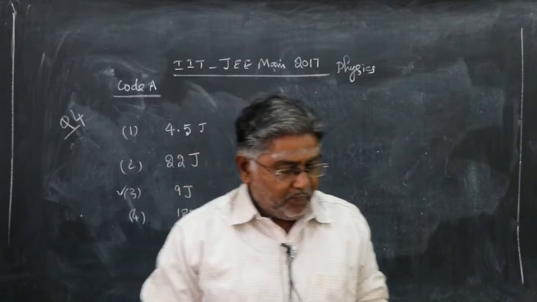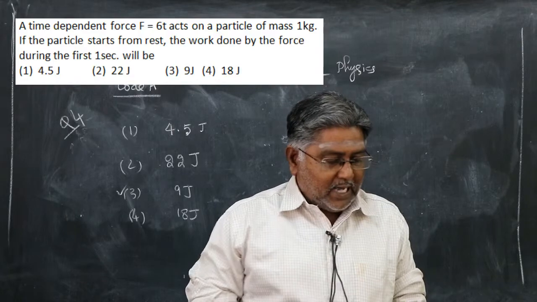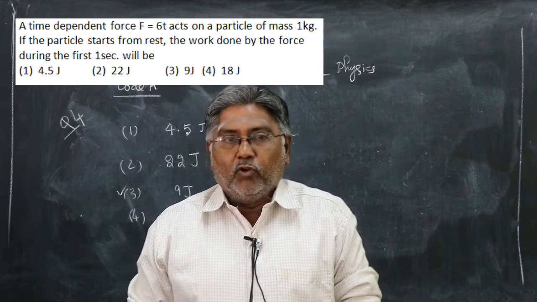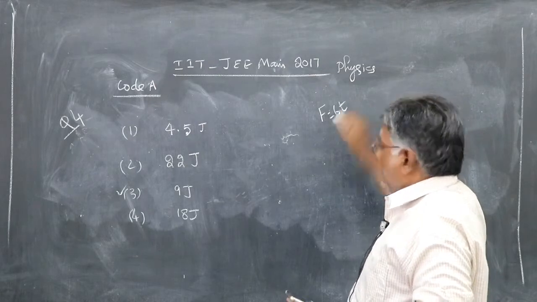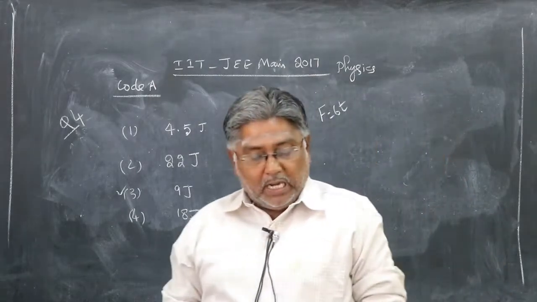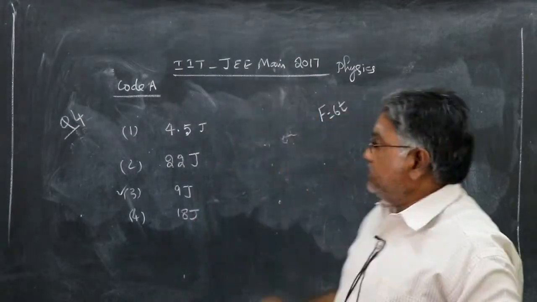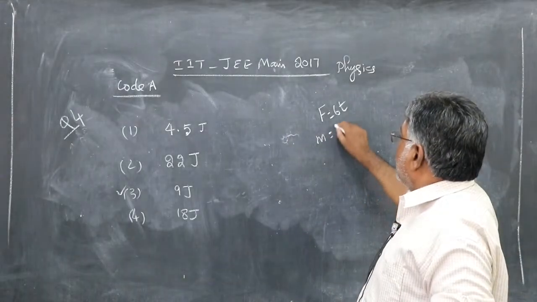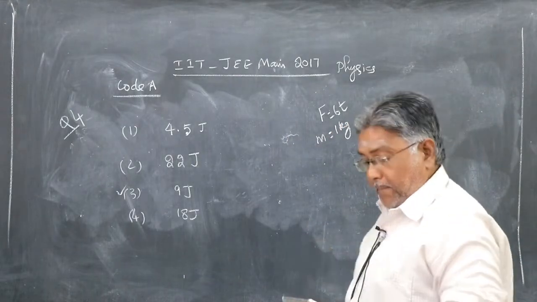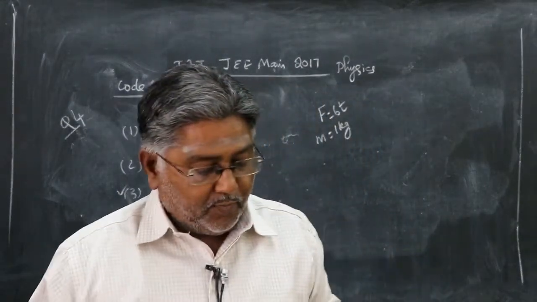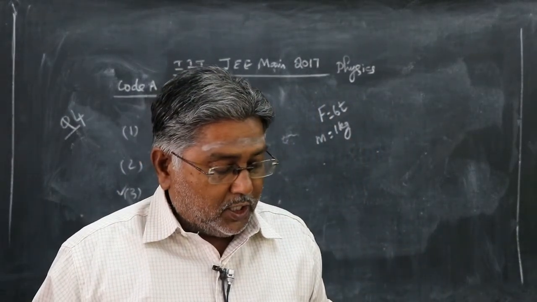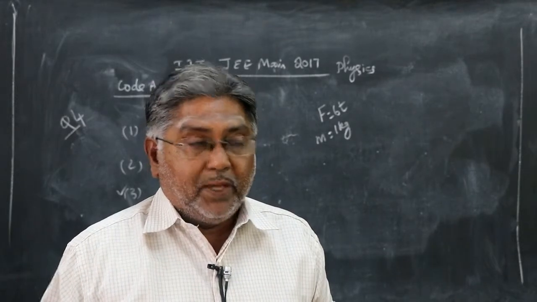Next question. A time dependent force F is equal to 6T acts on a particle of mass 1 kg. If the particle starts from rest, the work done by the force during the first 1 second will be.